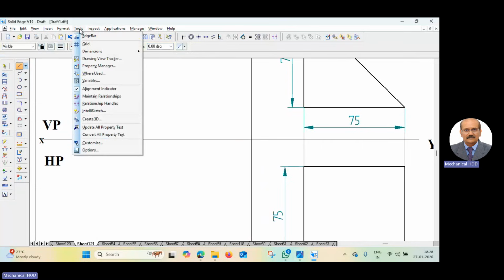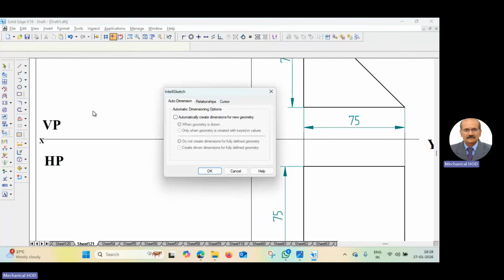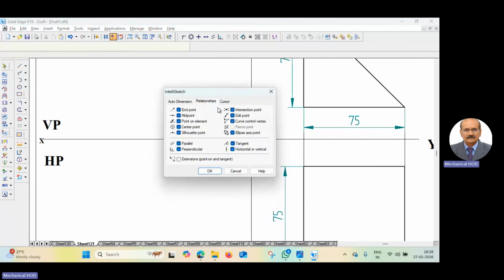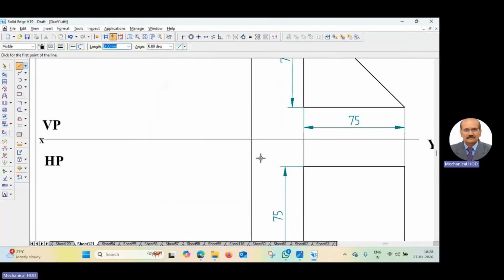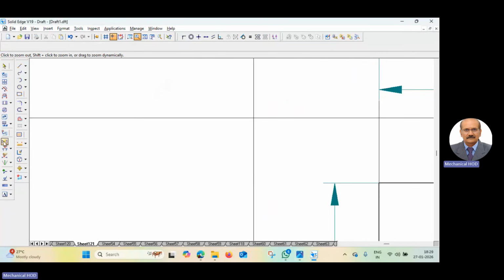If the intersection symbol is not appearing, go to Tools, IntelliSketch, and relationships is already on.